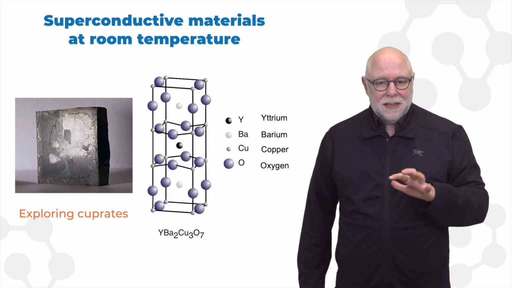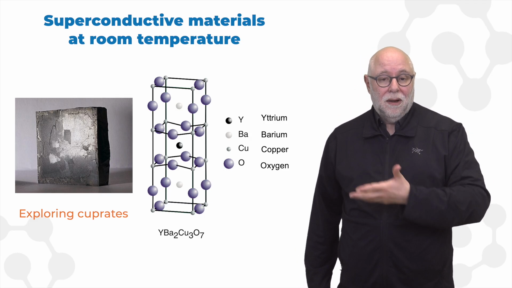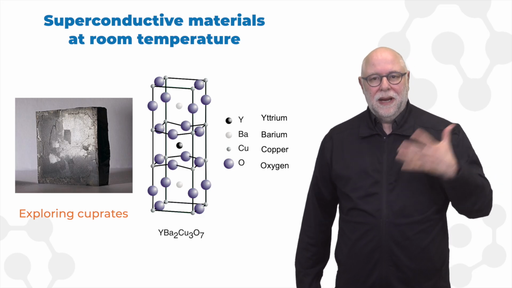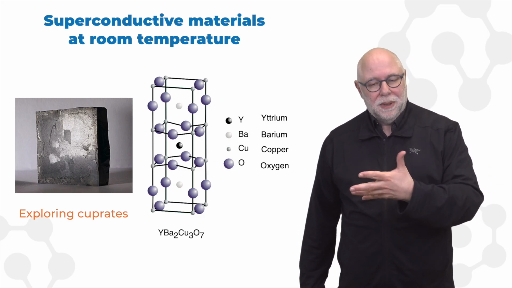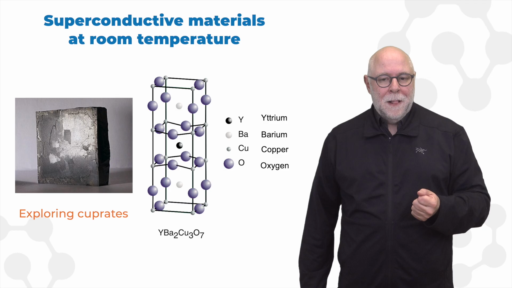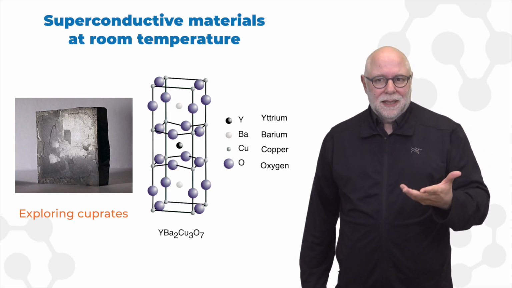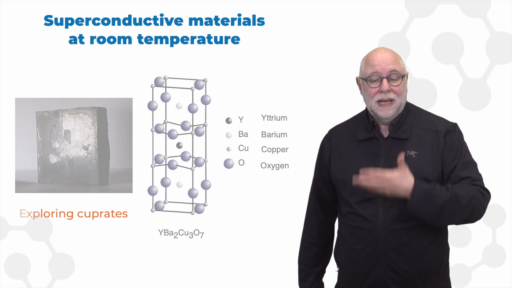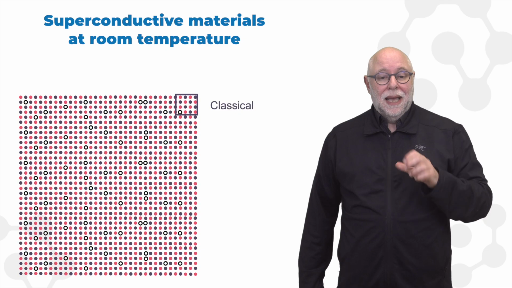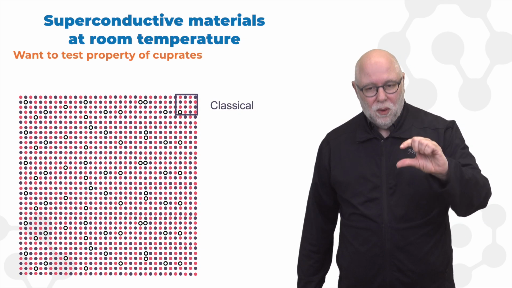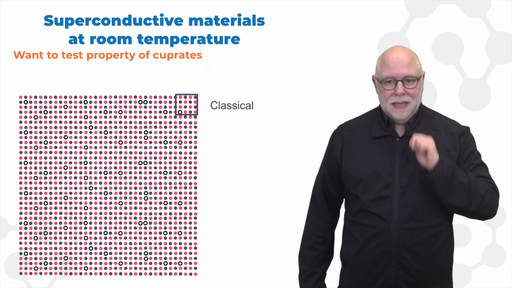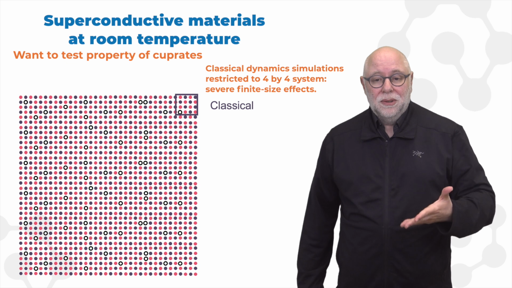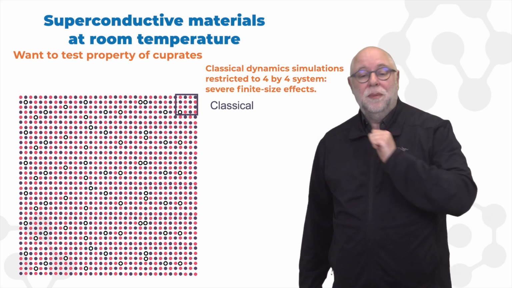These cuprates have the property of superconductivity, but we want to figure out whether they have this property at higher temperatures. To do that, we have very difficult classical computations to do. Even if we want to test a small 4x4 system classically, we really don't know how to do that because the algorithms take way too much time.